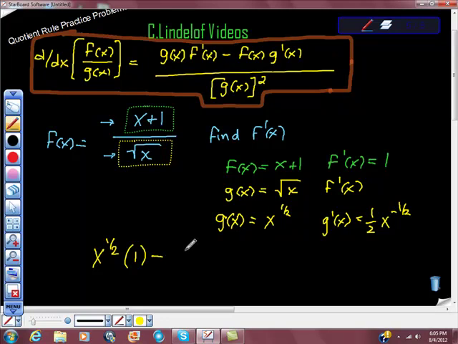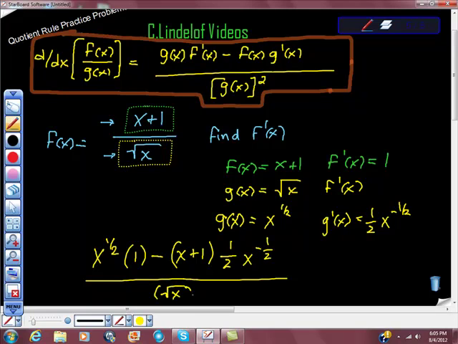Now f of x, which is x plus 1, times g prime of x. Remember that g prime of x was that crappy looking thing. All over the square root of x squared, because it says g of x squared. Well, g of x, we agreed, is this, so I'm going to square that.